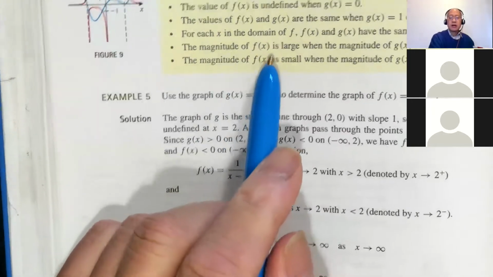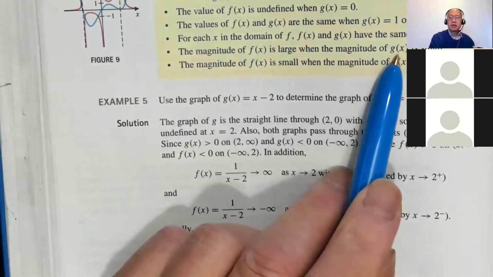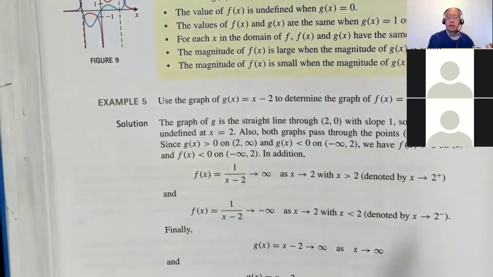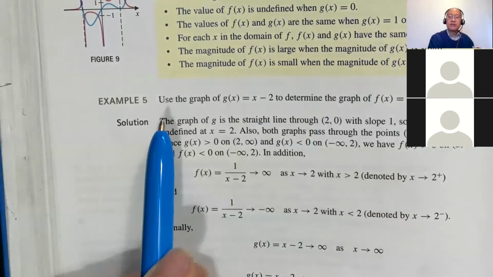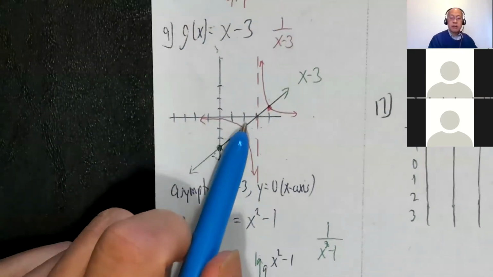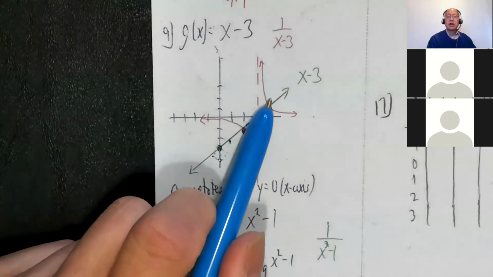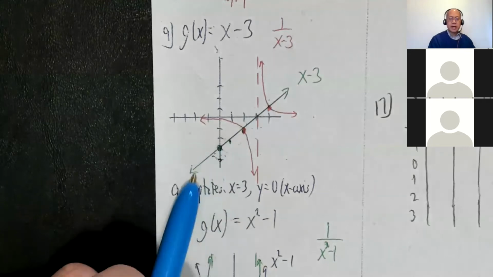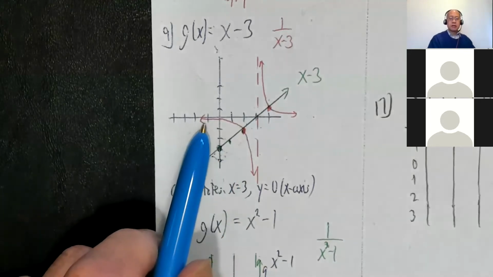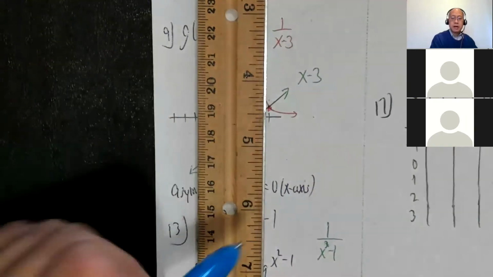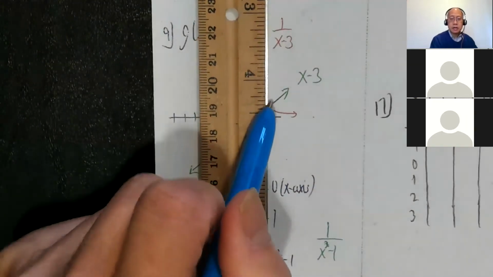If the function becomes large, the reciprocal becomes small, and vice versa. But the same sign. The reciprocal of a negative is negative. The reciprocal of a positive is positive. So if the graph is above the x-axis, the reciprocal is still above the x-axis. And if the graph is below the x-axis, the reciprocal is still below the x-axis. So match right here, the two graphs touch.